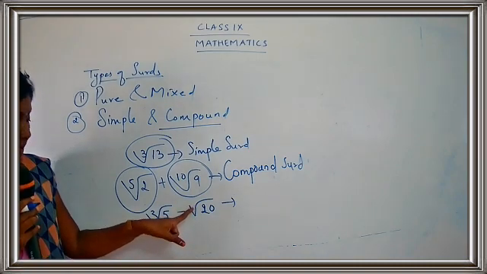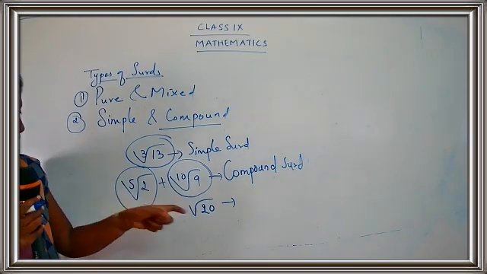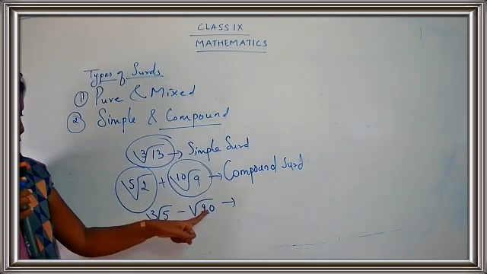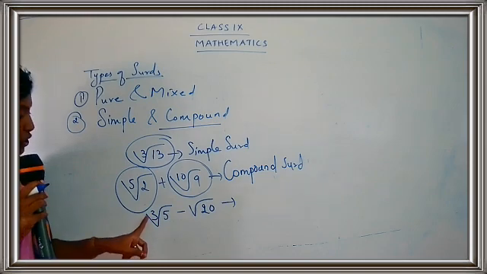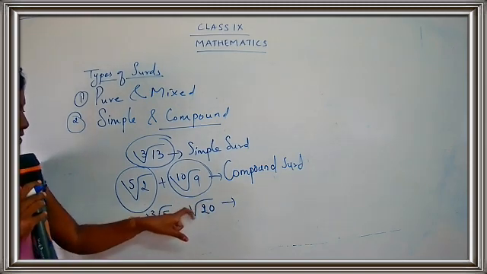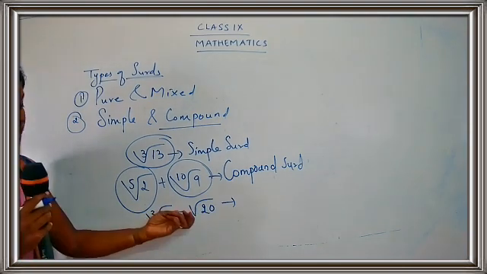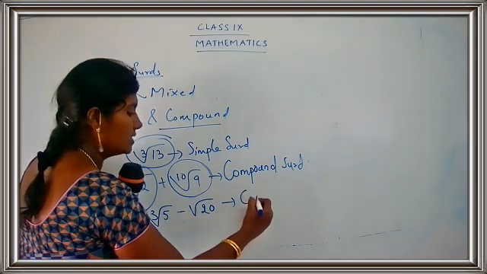What is the number here? No number. If nothing is there, you have to consider it as 2. Yes. So how to read this? Square root of 20. So cube root of 5 minus square root of 20. So here we have two terms along with some algebraic operations. So we call this a compound surd.